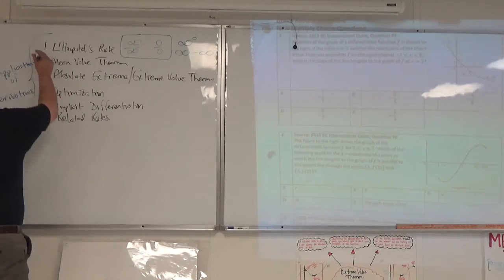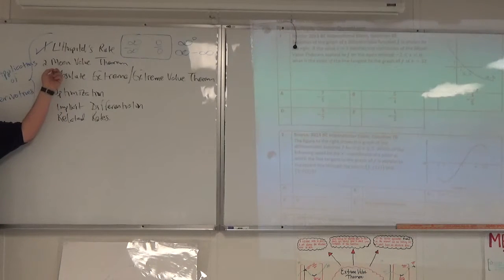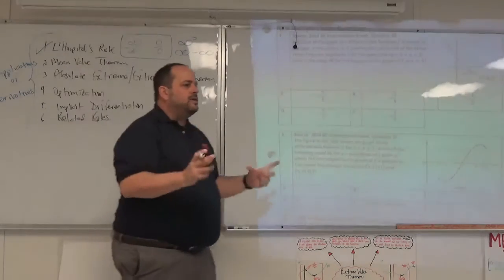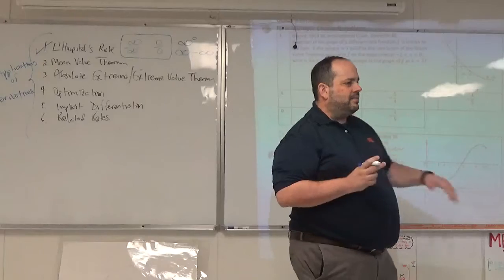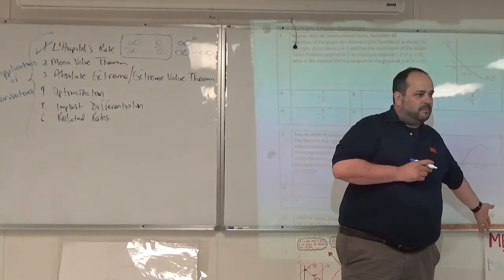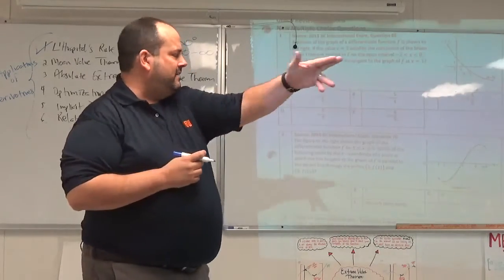Okay, so that's L'Hopital. The mean value theorem is one of those named theorems, and whenever a theorem gets a name, it's going to come up again and again and again. There are conditions that have to be true in order for the mean value theorem to apply. Specifically, what are they? What are the things that have to be true about the function in order to use the mean value theorem?